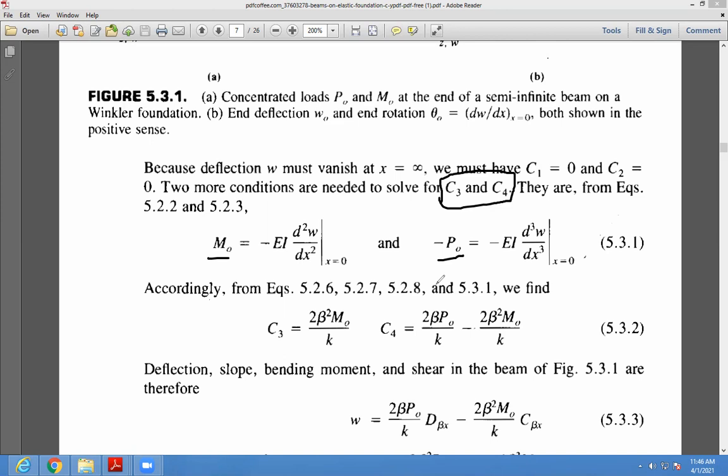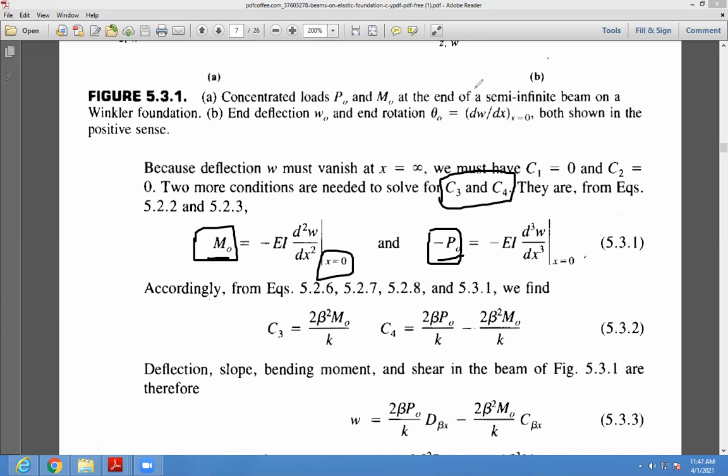We have discussed this. So the moment M naught, which is the moment at x equal to 0, is equal to EI d2w by dx square at x equal to 0. And for the load, minus P naught is equal to minus EI d cube W by dx cube at x equal to 0.